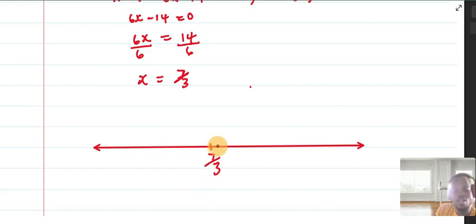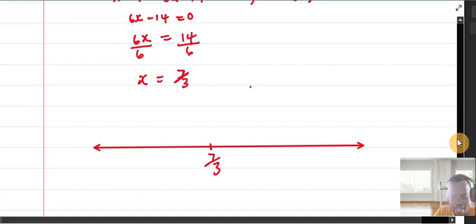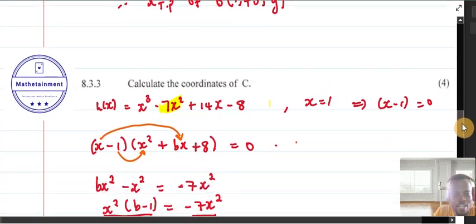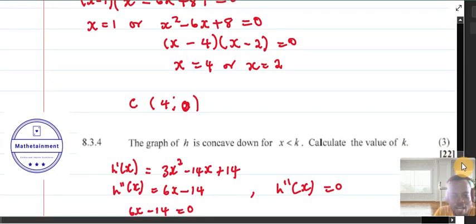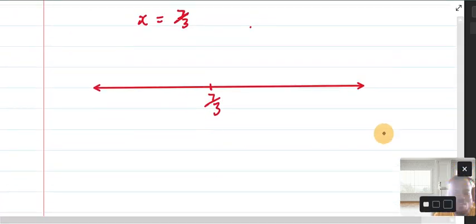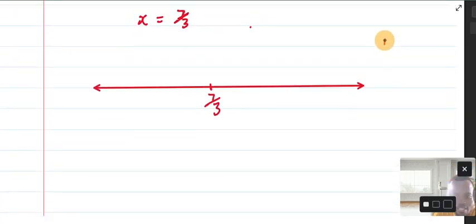But what I want to know is where in my graph the function becomes concave down. When it's concave down, it's like this. That one is concave down.